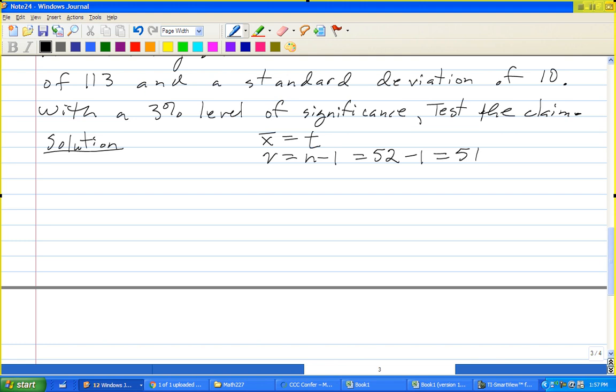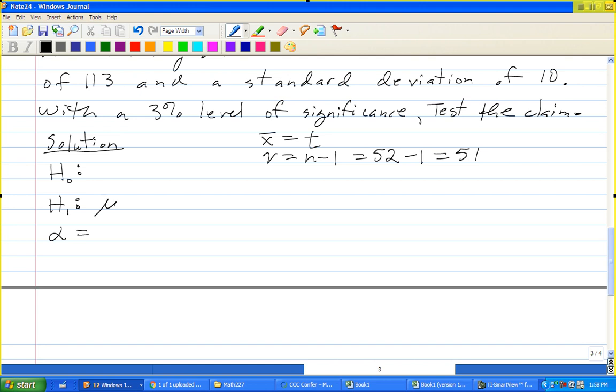Now the hypothesis test. The claim is that students at St. John's College are gifted, so the claim is that the mean IQ score is more than 120.